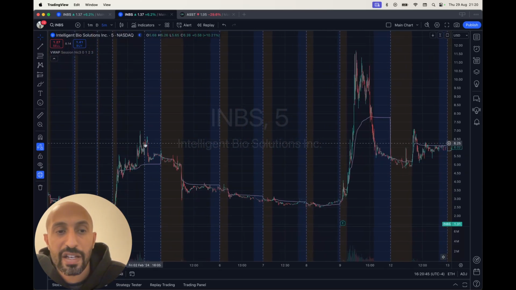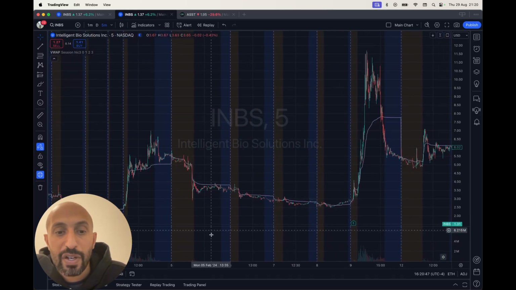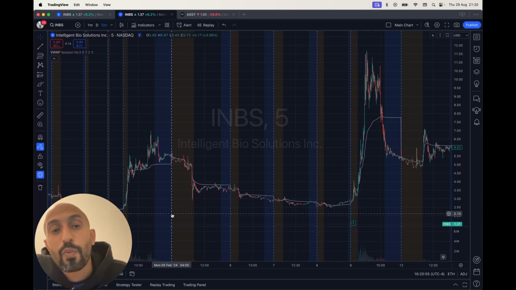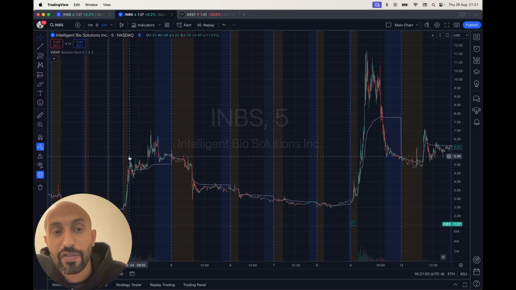Day 2, huge drop off in volume. Day 3, day 4, day 5, huge drop off in volume. Now, what causes the liquidity trap is that drop in volume, because on this day you'll have a lot of shorts getting involved all over the place, really, here.